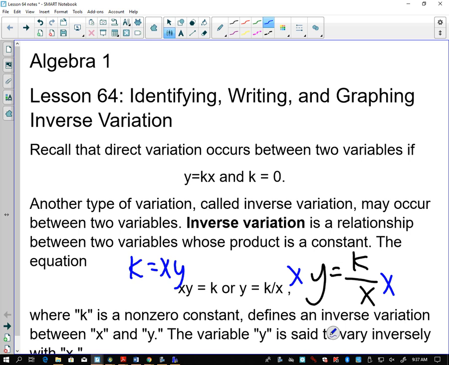So let's talk about some real-world situations where you might look at two things that have an inverse relationship. That means as one increases, the other decreases. I would say that as the temperature rises, something that's increasing, what might decrease as temperature increases? How about percent chance of snow?